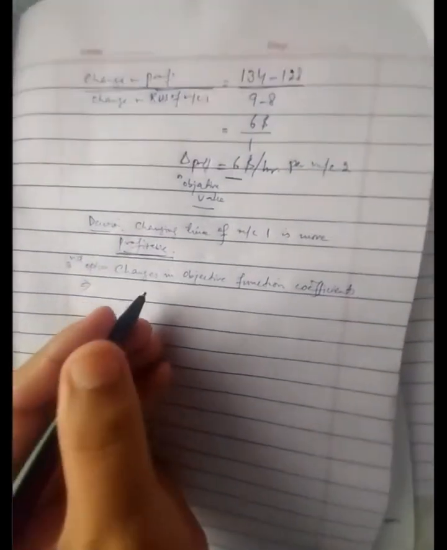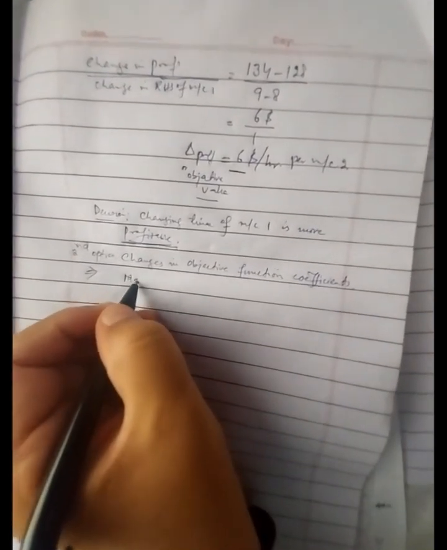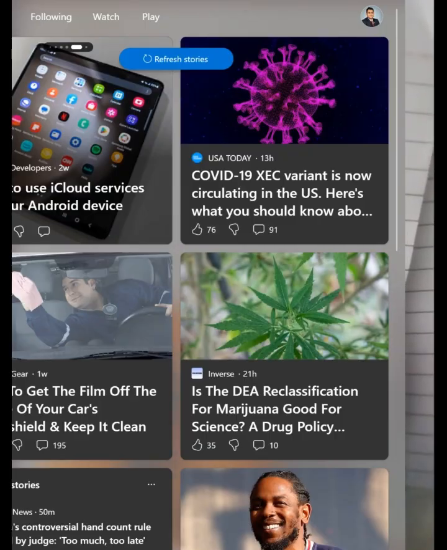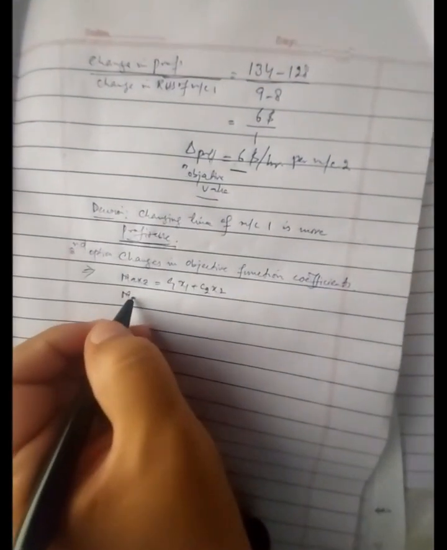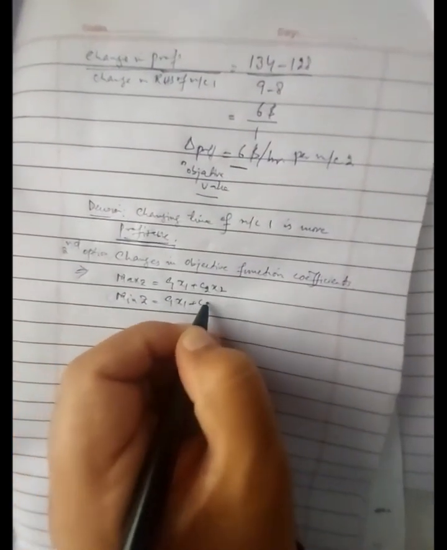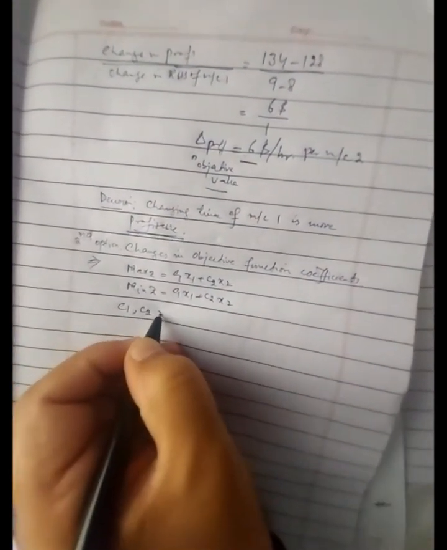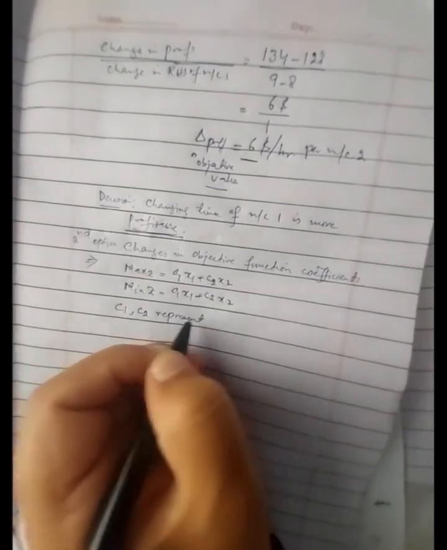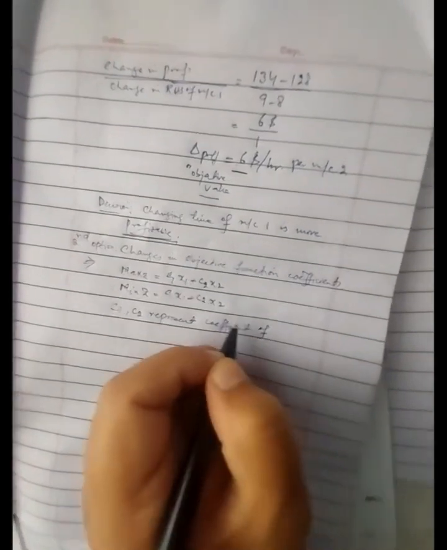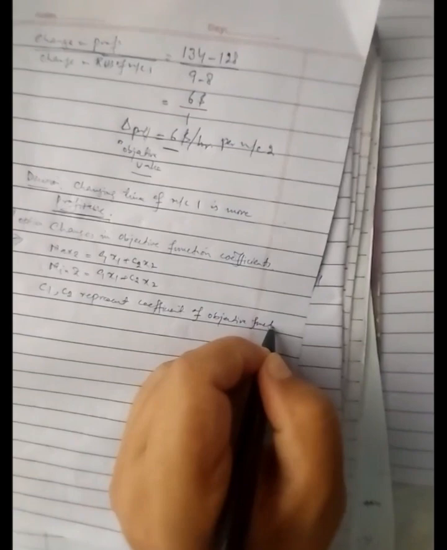So here we can denote it as maximize z is equal to c1 x1 plus c2 x2, or minimize z is equal to c1 x1 plus c2 x2. Now c1 and c2 represent the coefficients of the objective function.